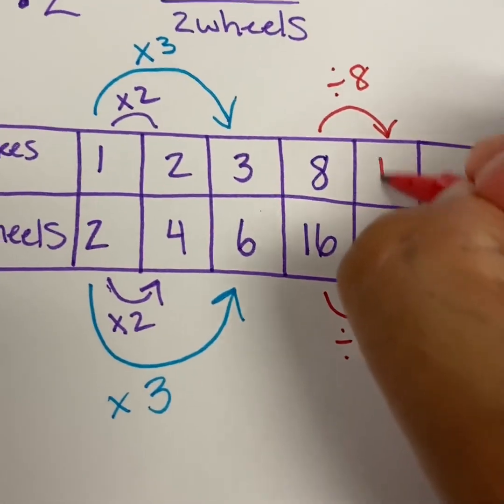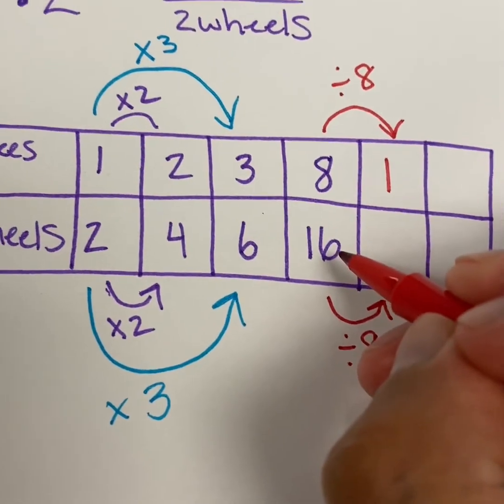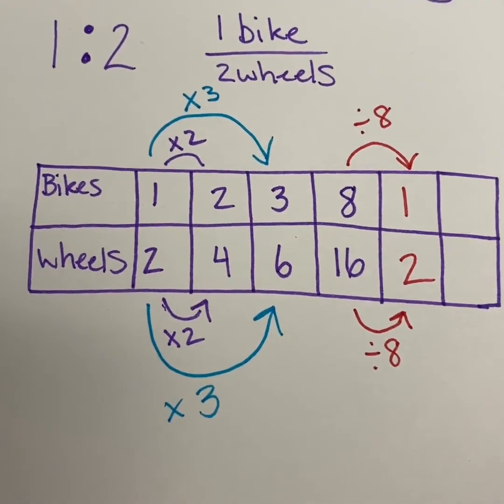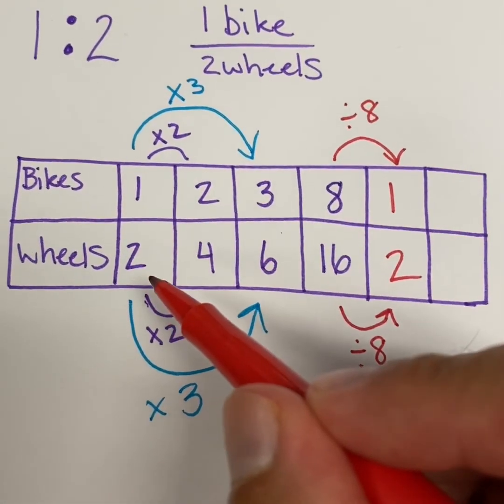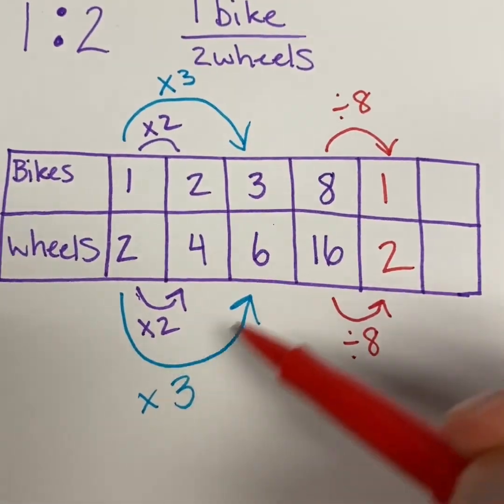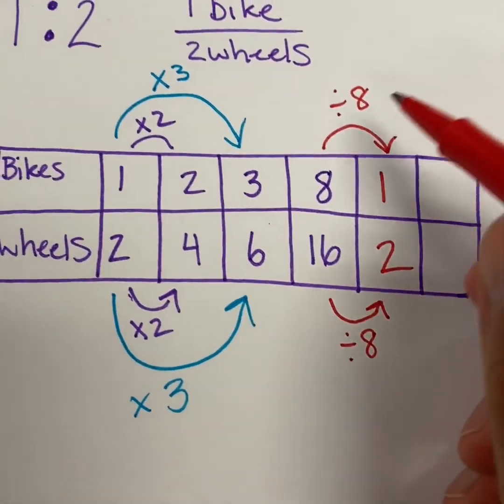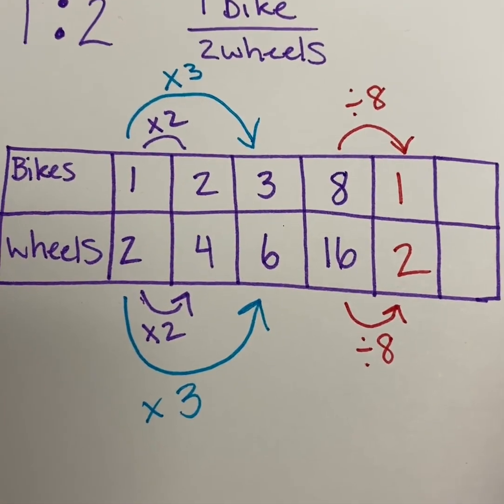And we would get 1 bike is equal to 16 divided by 8 is 2. 1 to 2, which is what our original ratio was. So here we are scaling up, and we can divide in order to scale our ratio down or to simplify it. And that's your quick introduction to ratios.